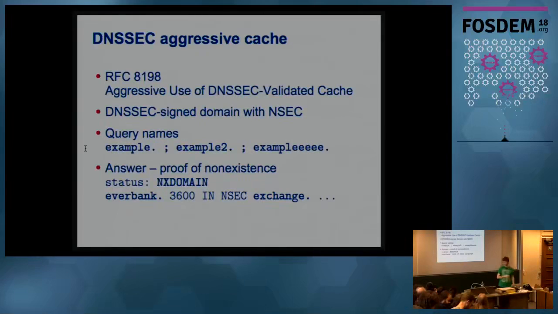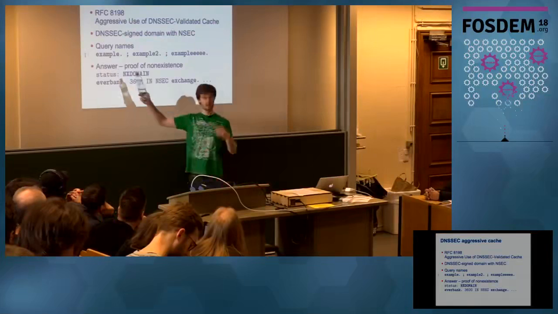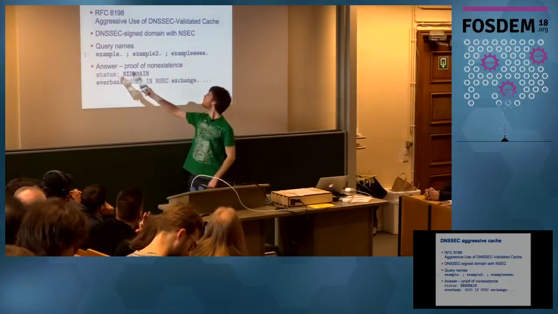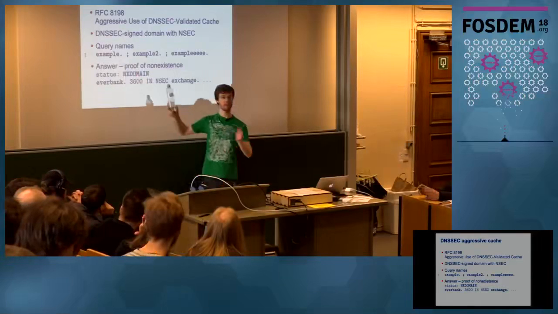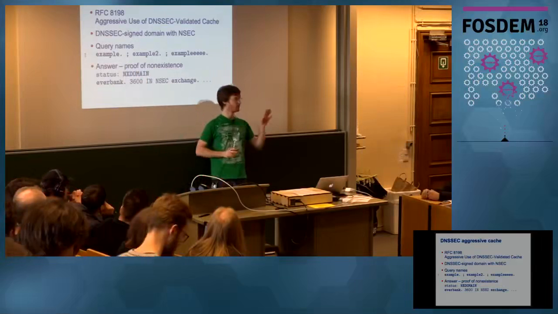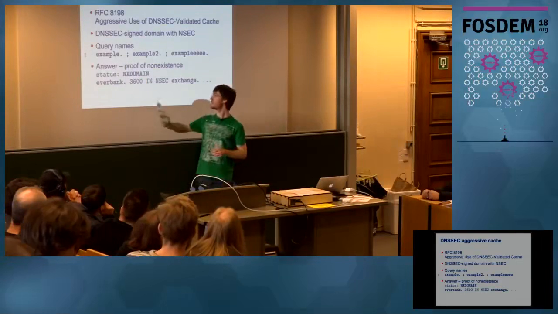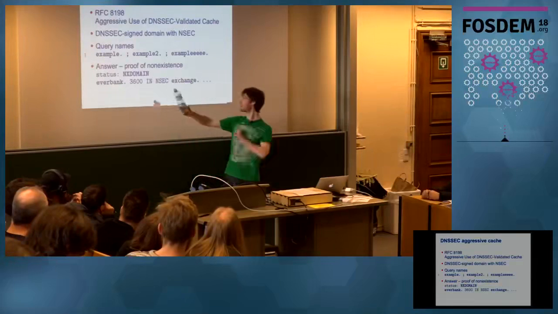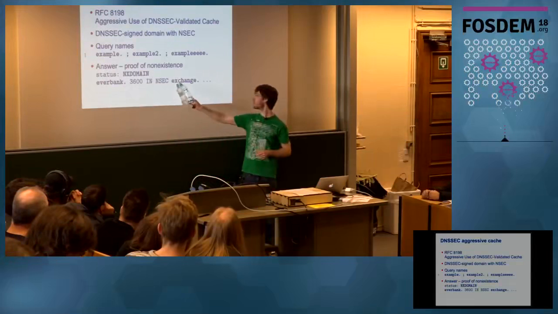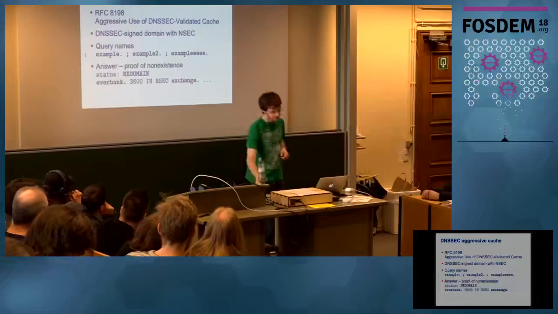And the proof says basically, in the zone, we query for the name example, right? And on the public internet, there is no top-level name example. So the proof of non-existence says there is a name which is Everbank, then nothing, and the next name which exists is exchange. This is a real example.